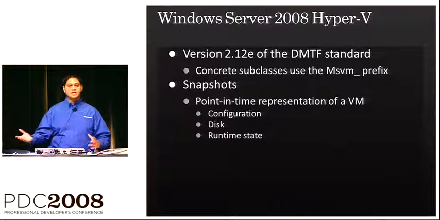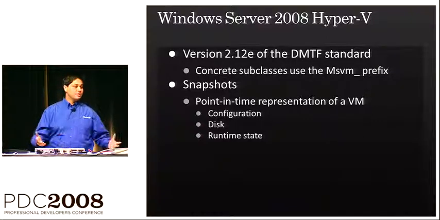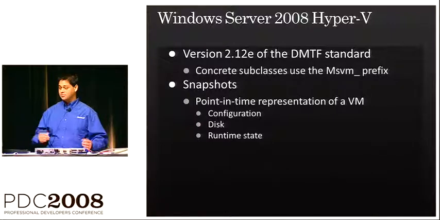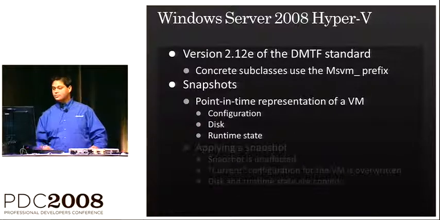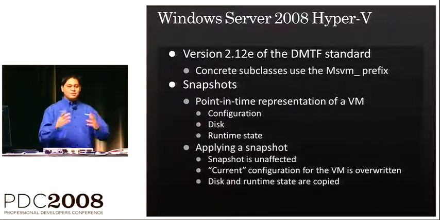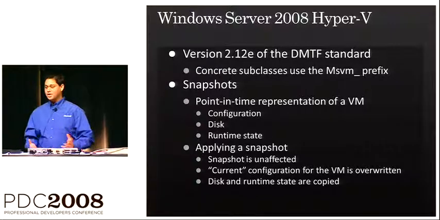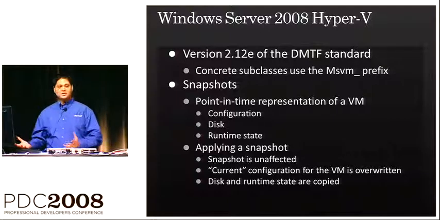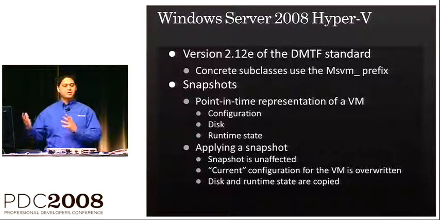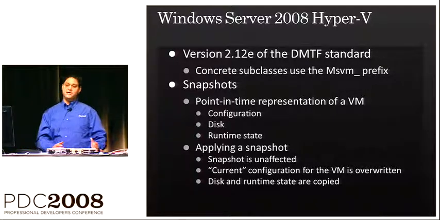There's also disk state and runtime state associated with that VM if it happened to be running at the time that the snapshot was taken. So once you've taken a point-in-time representation of this VM, what do you do with that snapshot? Well, the main thing you're going to want to do is, at some point in the future, apply that snapshot back to the VM.